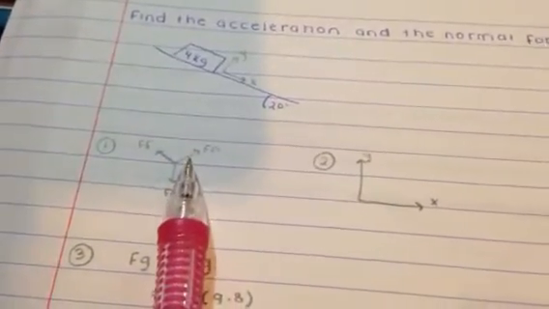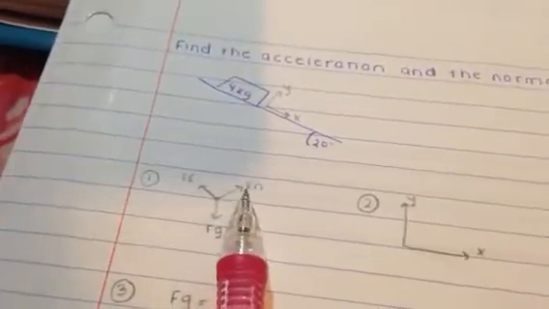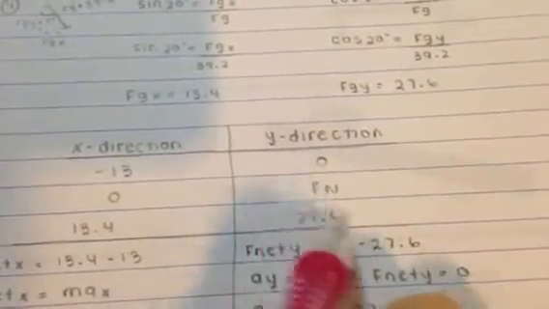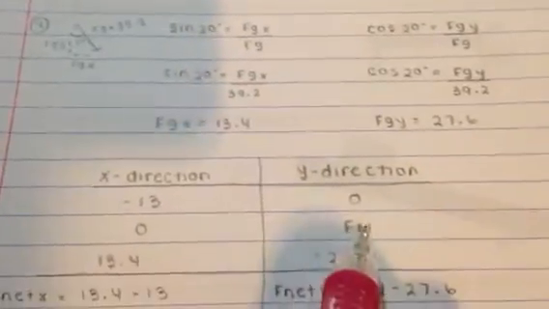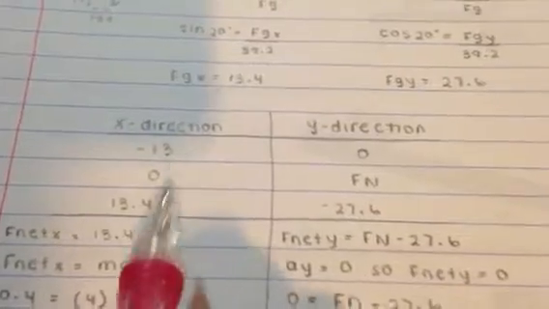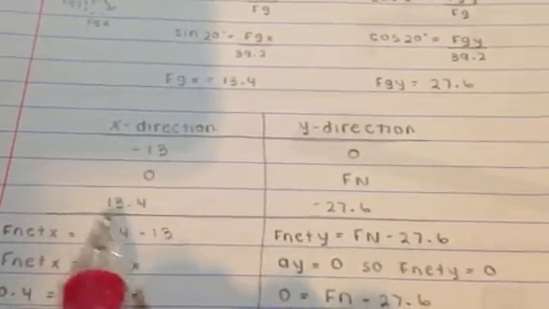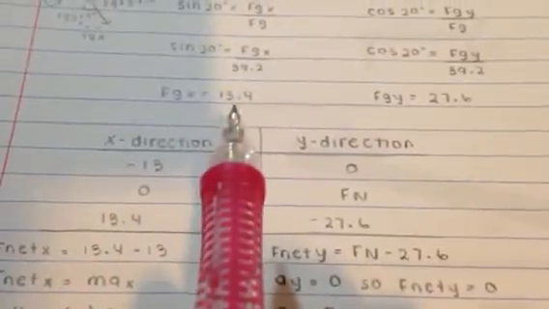The force normal is acting on the y direction, and the force friction is acting on the x. So you put 0 and 0, and since we haven't found Fn, you just plug in Fn. And then the force gravity, which you found, Fg, for x it's 13.4, and for y it's 27.6, and it's going to be negative.